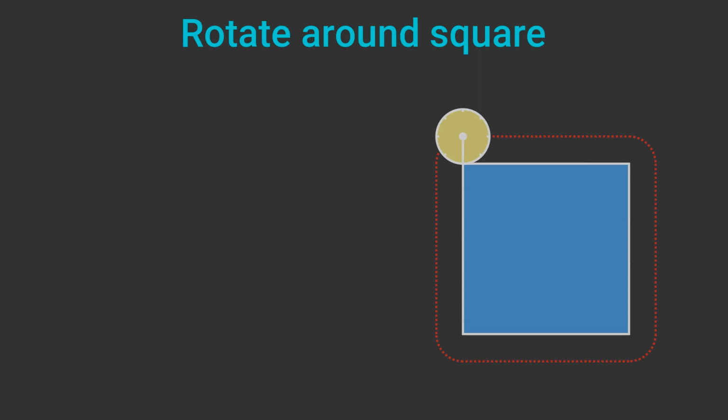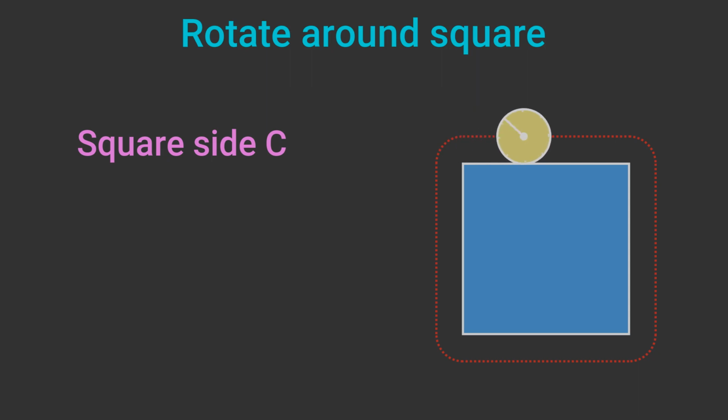To look at this in a slightly different way, imagine the coin rolling around the outside of a square with sides length c. Remember, c is the circumference of the small circle. As the coin rolls along the first side of the square, it rolls a distance c, so it performs 1 full rotation. The coin then rolls over the first corner, which adds another quarter turn.